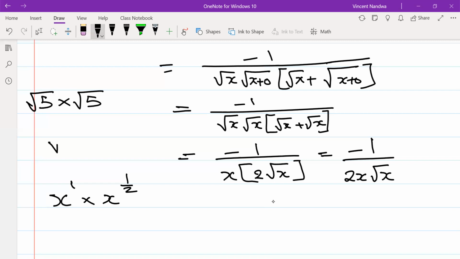So remember, square root of a number means the number raised to the power half. So root of x is the same as x to the power half. So what will be the new power of x?